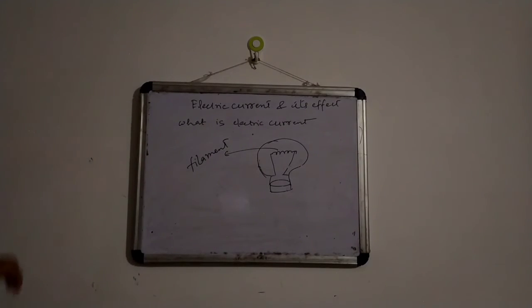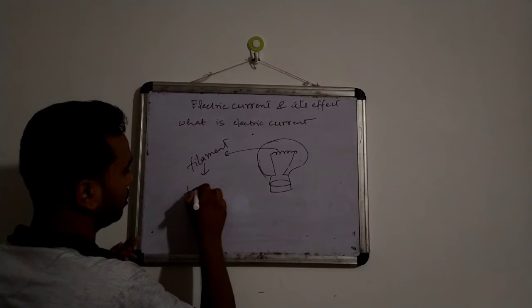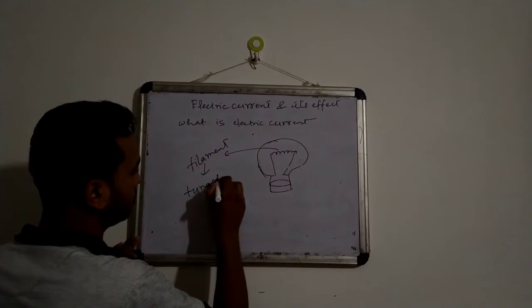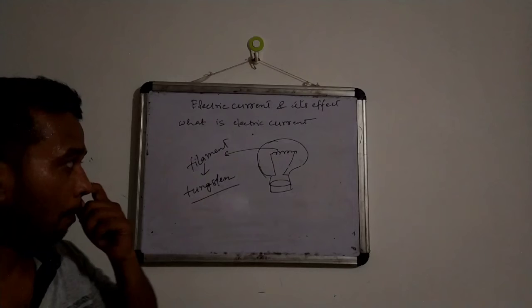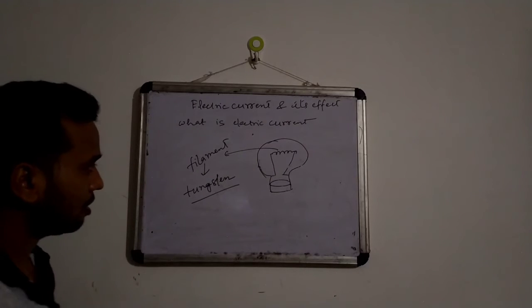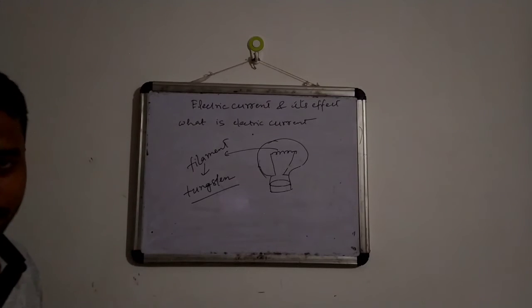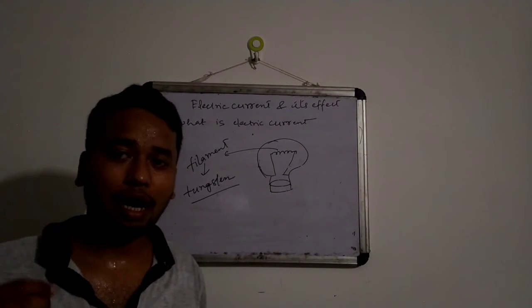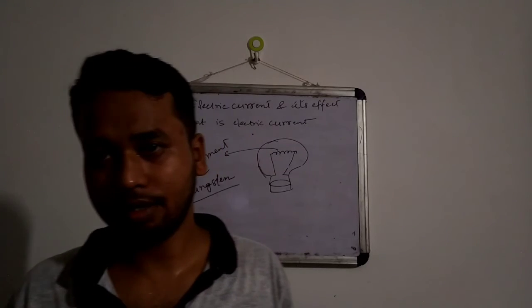This filament is made up of tungsten material. Remember, tungsten. Now when the current flows through this filament, a very high amount of heat and light is generated.